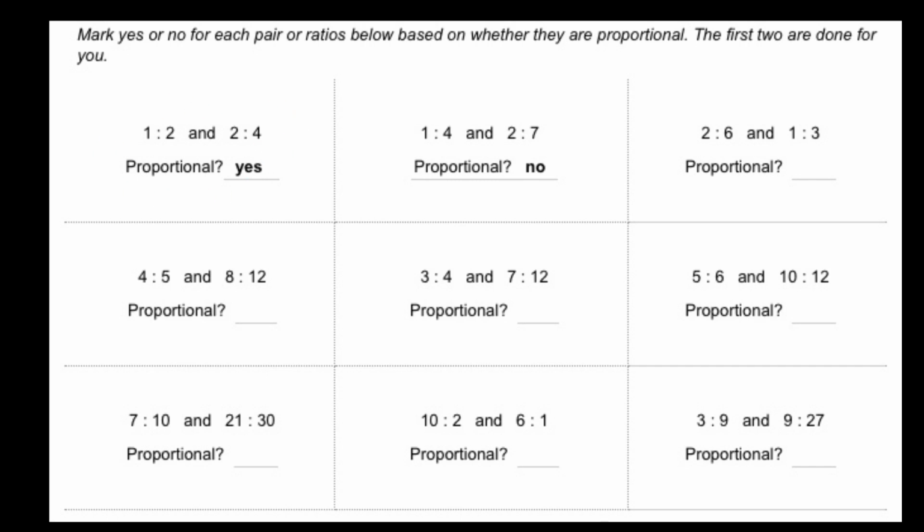First of all, what is the definition of proportion and ratios? We have two pairs of ratios that we have to compare and decide whether they are proportional or not.